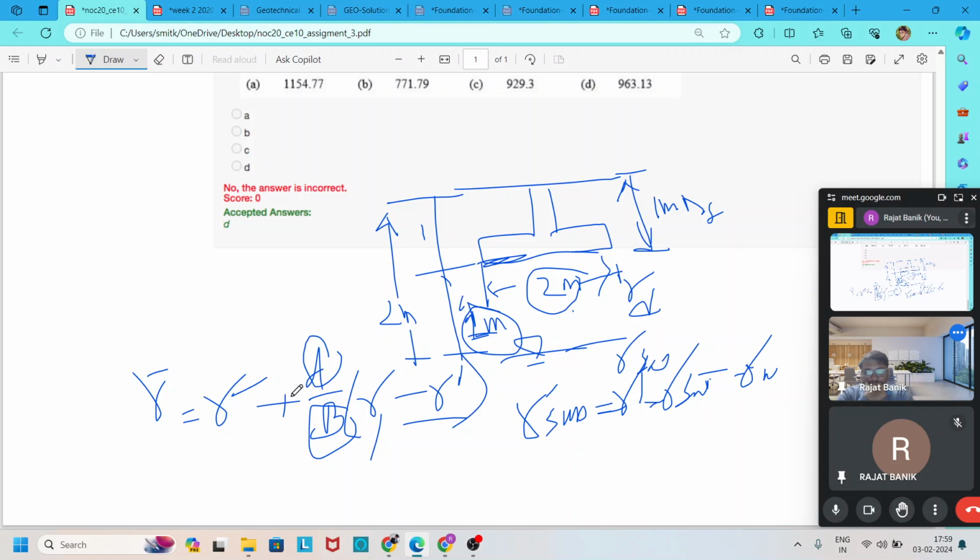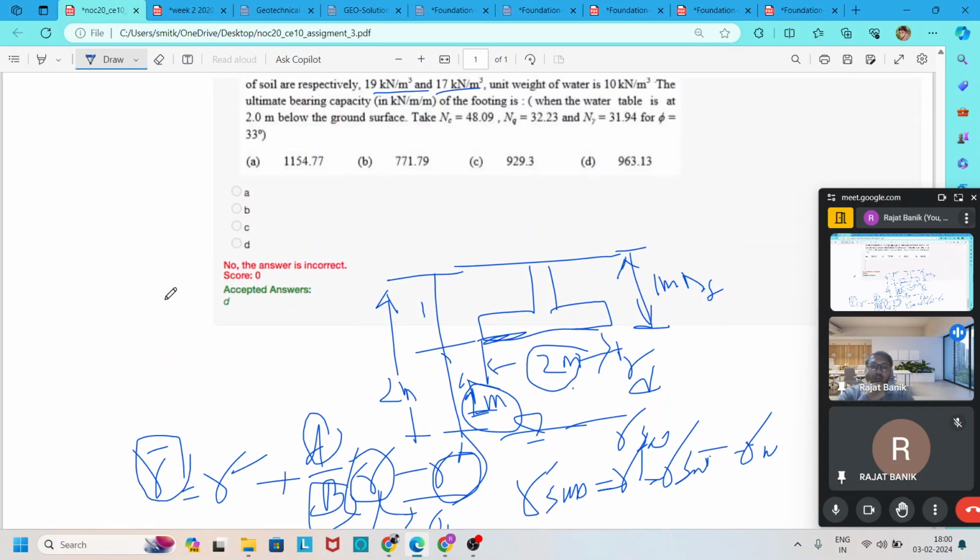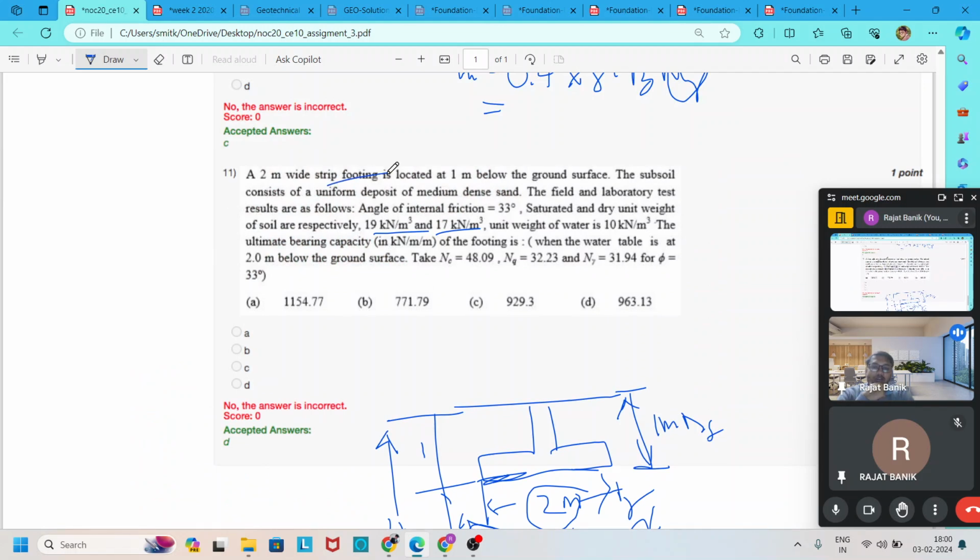So gamma here is gamma dry, put 17. First find out gamma dash, put it here, find out gamma bar, and put all these values.